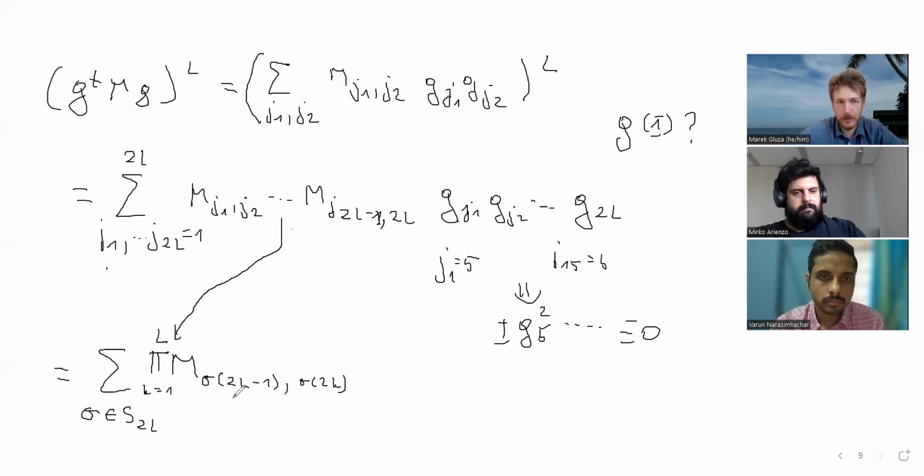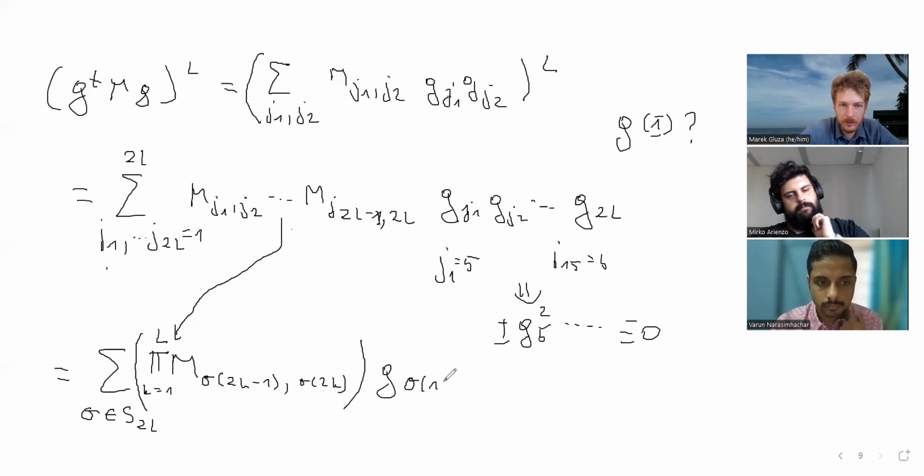And basically sigma will be a permutation, and it will give me all the possible assignments of j1 until j_{2L} so that this sum is non-zero. It will give me all the summands. So that's the coefficient here. And here we have G_{sigma(1)} until G_{sigma(2L)}.